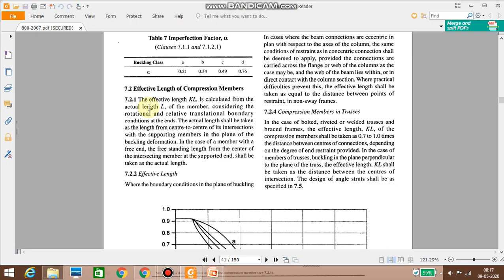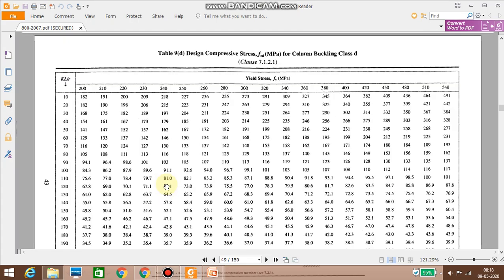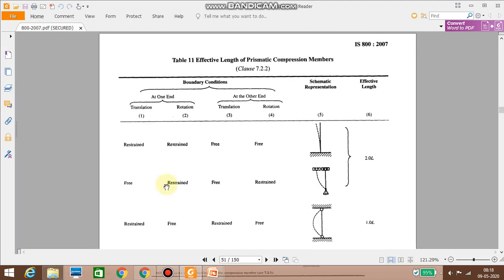I will not go into the depth because we have already given the definition for actual length and effective length. Now we will quickly look into table number 11 of page number 45, for clause 7.2.2.